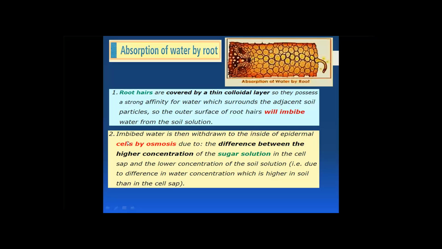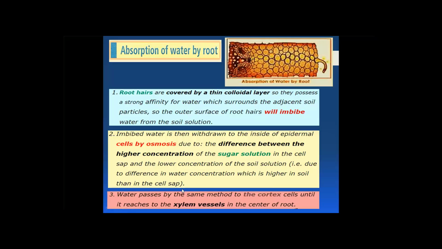Number two, the imbibed water is then withdrawn to the inside of epidermal cells by osmosis, and this is due to the difference between the higher concentration of the sugar solution in the cell sap and the lower concentration of the soil solution, due to the difference of water concentration, which is higher in soil than in the cell sap.